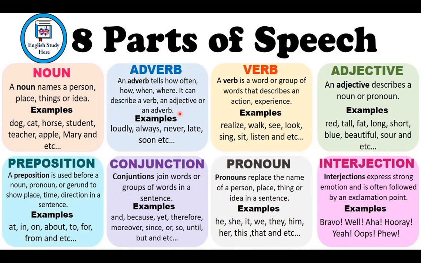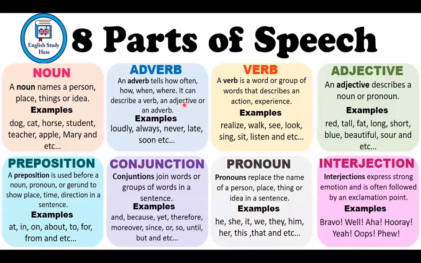So we see that the adverb can be used to modify a verb. He went quickly. Okay, he spoke loudly. That's an adverb. It modifies how he spoke. Or it can be used to modify an adjective. It is very hot.